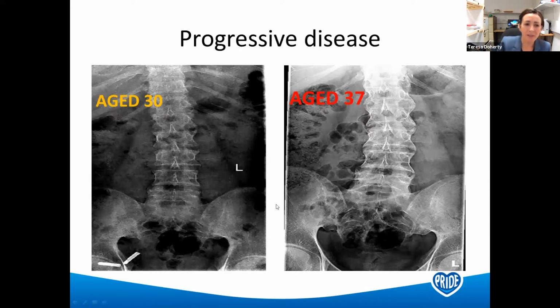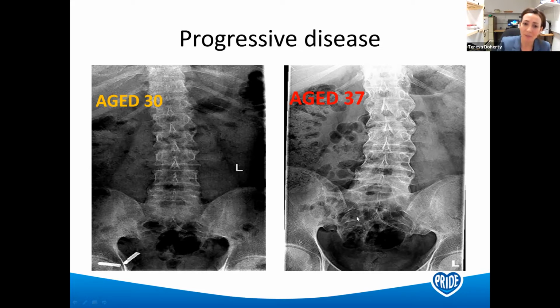This is a patient I saw last year who was seen 7 years before in rheumatology and lost to follow-up, and had x-rays done at that point. You can see quite a lot of progression, with the syndesmophytes joining up on the AP view of the lumbar spine.